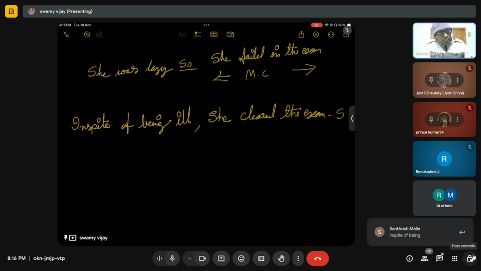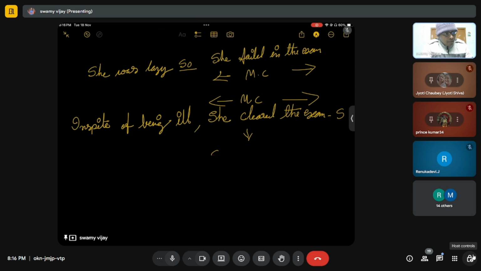Right. Now, what is the simple to complex? We'll keep this sentence's main clause as it is. This is the main clause, so we'll keep the main clause as it is: she cleared the exam. Okay. Now tell me, how do we transform this phrase from the simple sentence into a subordinate clause?